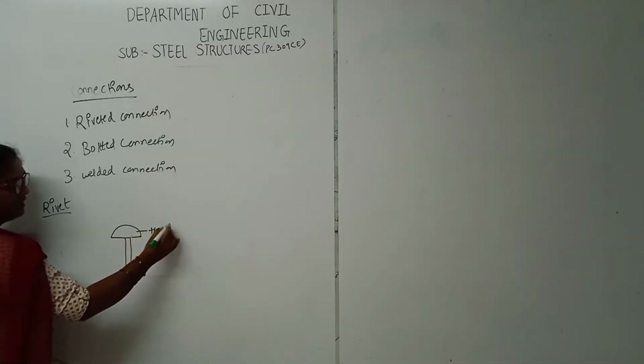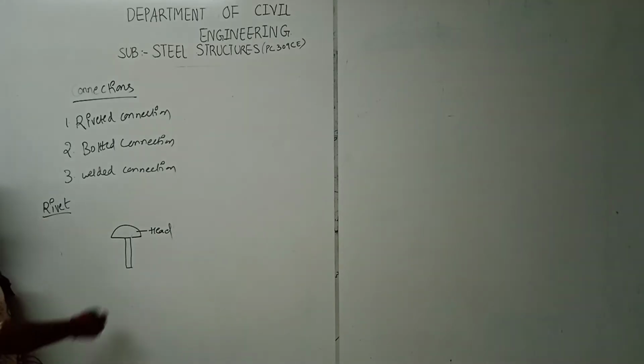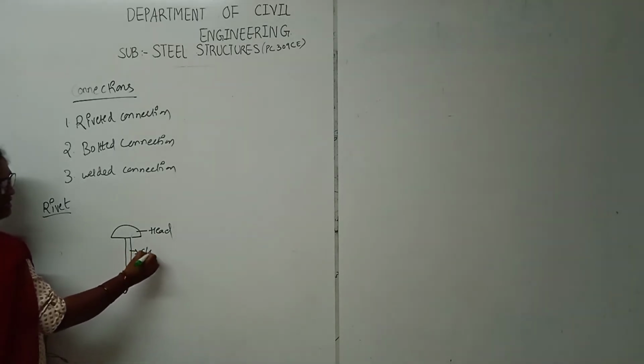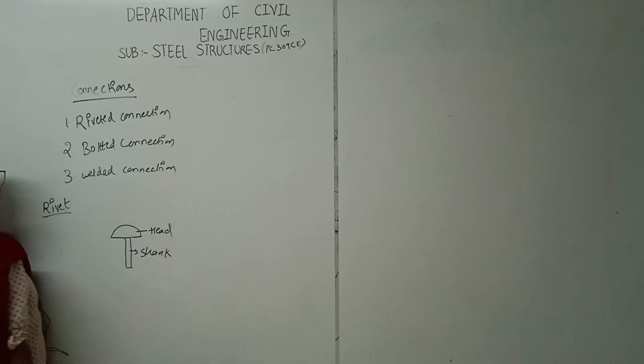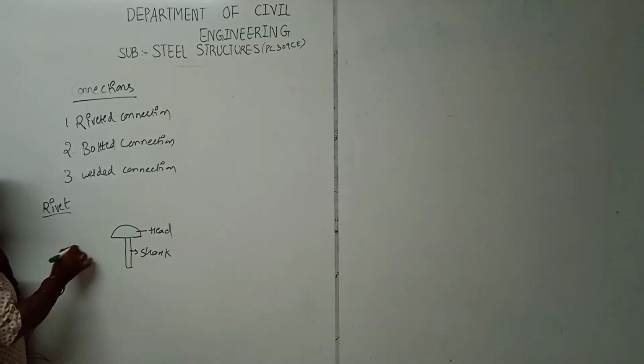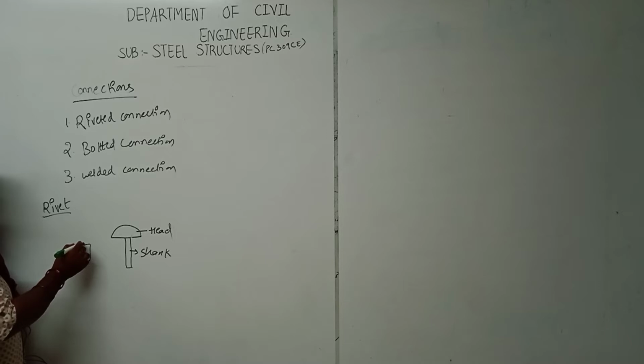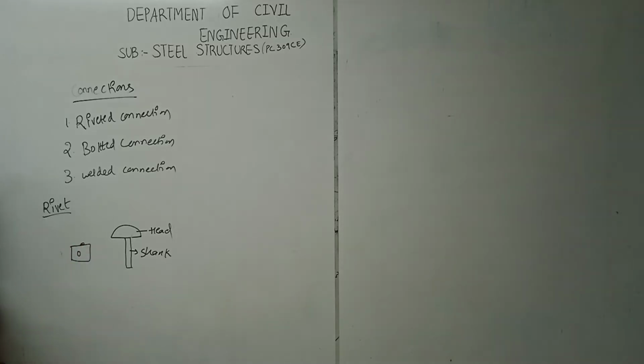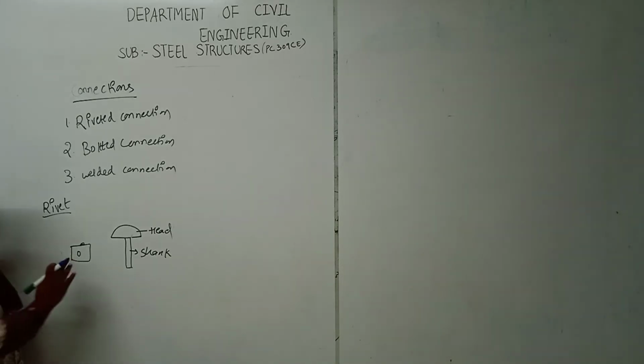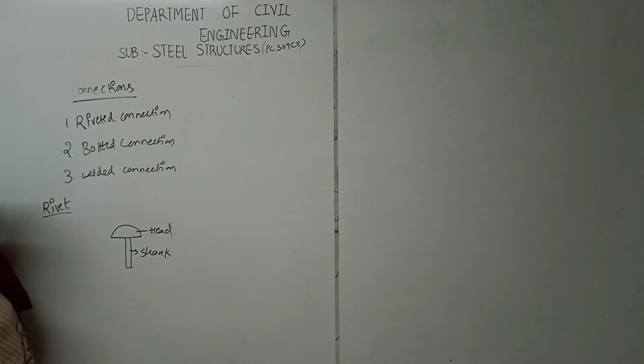Here you will be having a plain head, and here you will be having a shank. When they insert the rivet from the top, at the bottom they also hammer it. So from the two sides it gets fixed. That is nothing but the rivet connection.